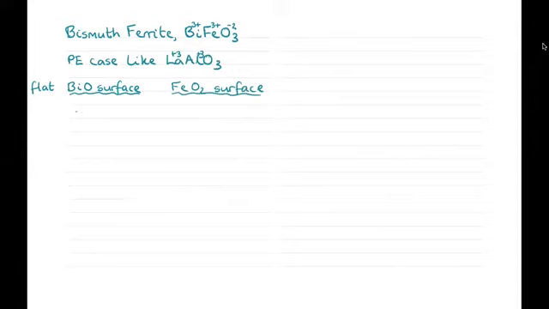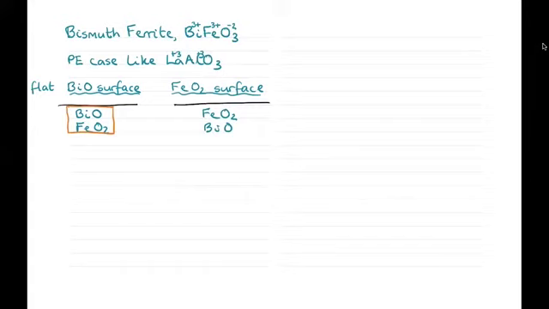So in the case of the bismuth oxygen surface, our unit cell that will tile the semi-infinite half plane looks like this. And in the FeO2 surface, the unit cell is the opposite way around.